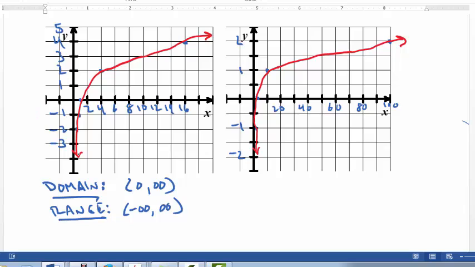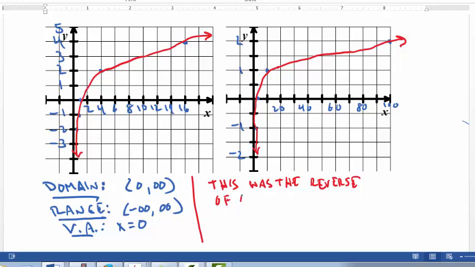And now, of course, you can see here there's also a vertical asymptote at x equals 0, right? And then if you think about what happened, this was the reverse of exponential functions, right?